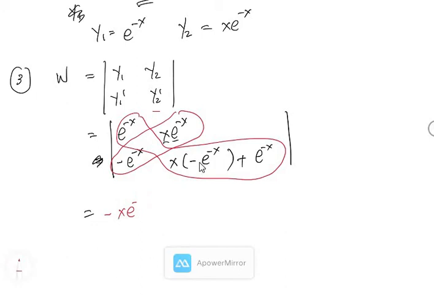So this one multiply and then minus this one.